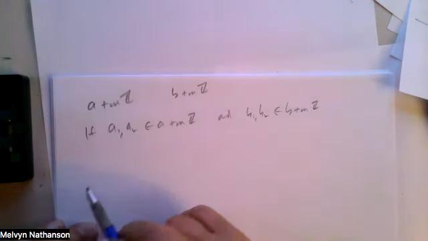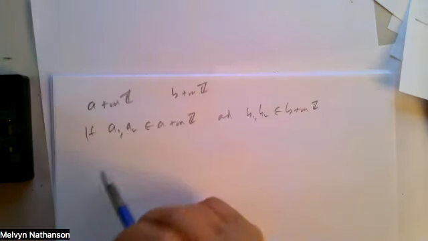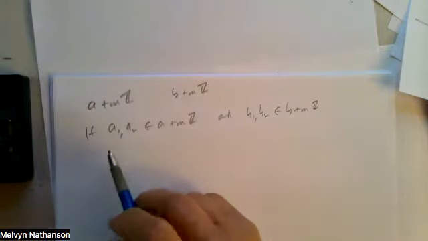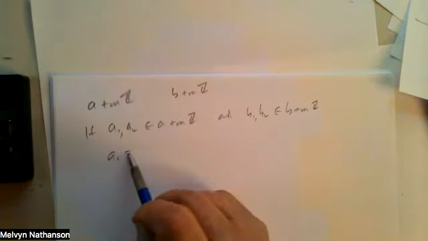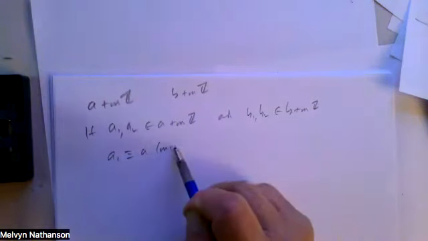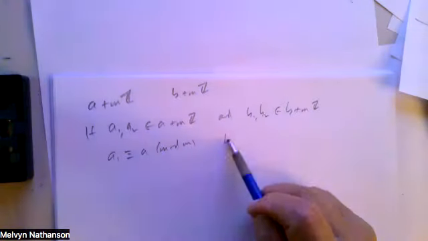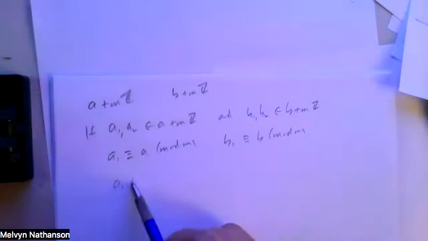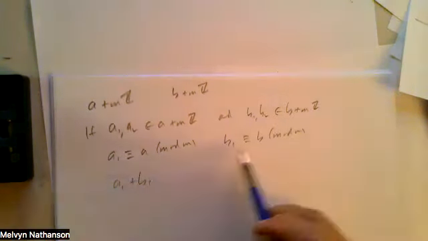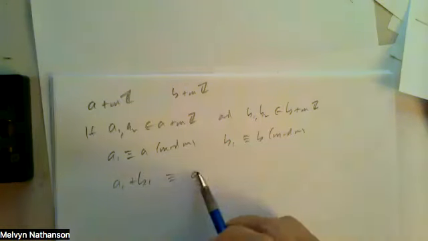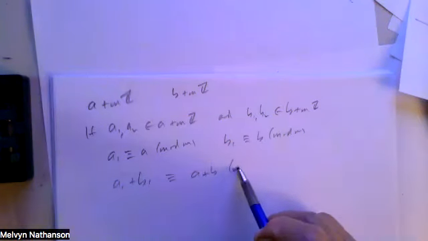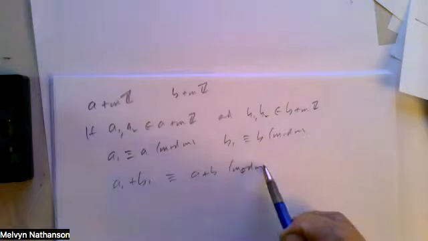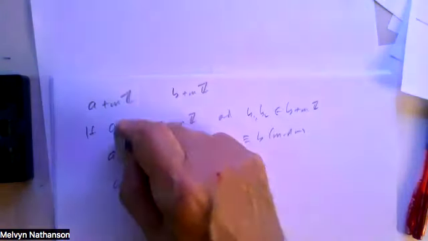Actually, I'm not even sure I need the A2. So A1 is congruent to A mod M, and B1 is congruent to B mod M, which means A1 plus B1, I'm adding these congruence classes, is congruent to A plus B mod M. I don't need an A2 here, that's unnecessary.